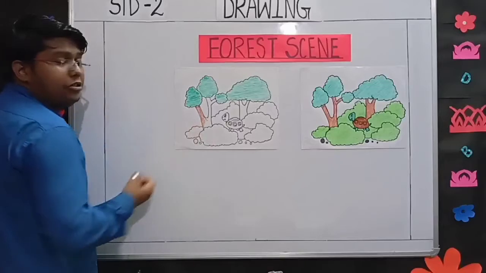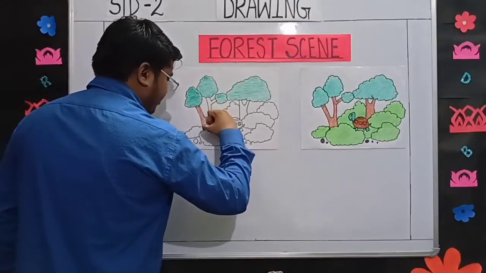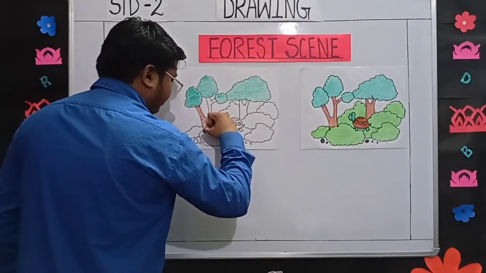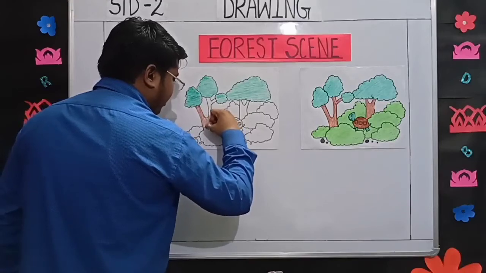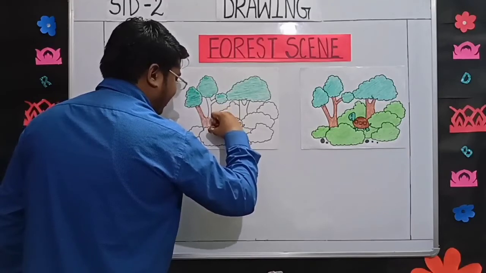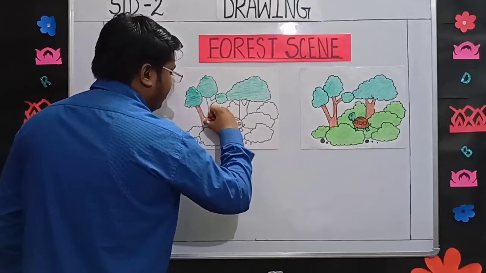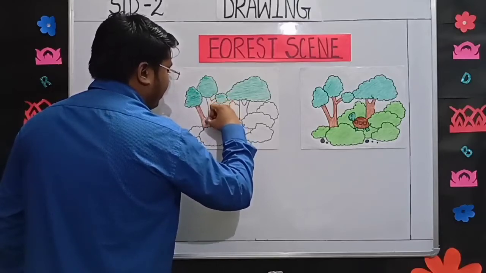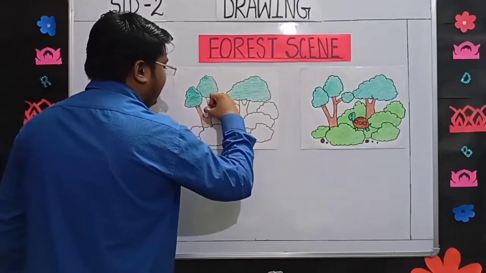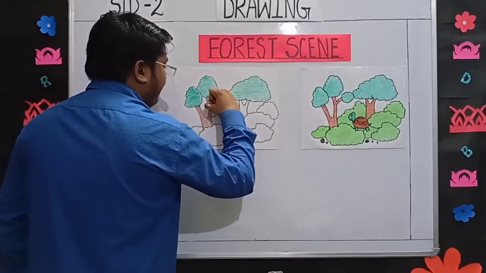See here how I have drawn here. You have to just color in one direction, students. It will look very neat and clean. It will look very attractive. You can use different shades of green and brown, if you have them.